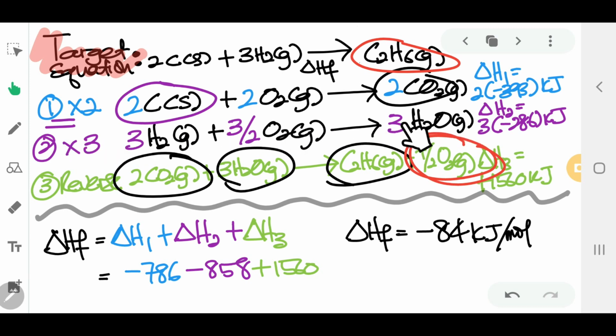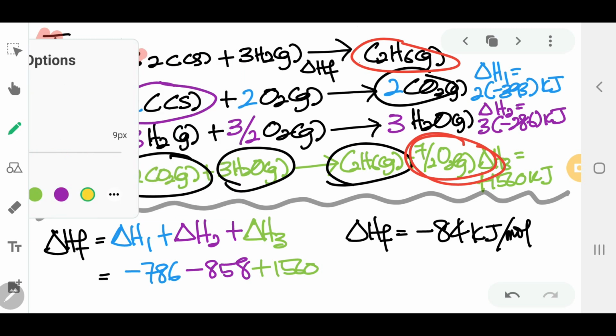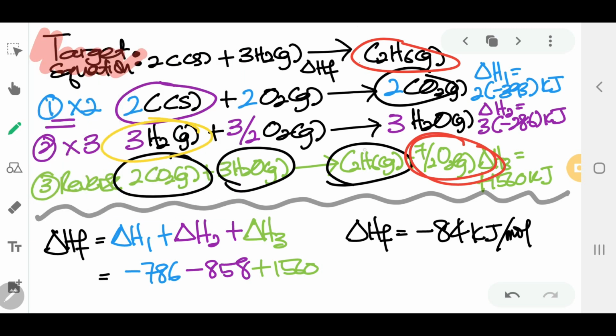When you look at the purple bits, this is 3H2 gas, and we'll be making H2O, which is that part of that H2O. So we take 3H2 gas and making 3H2O.